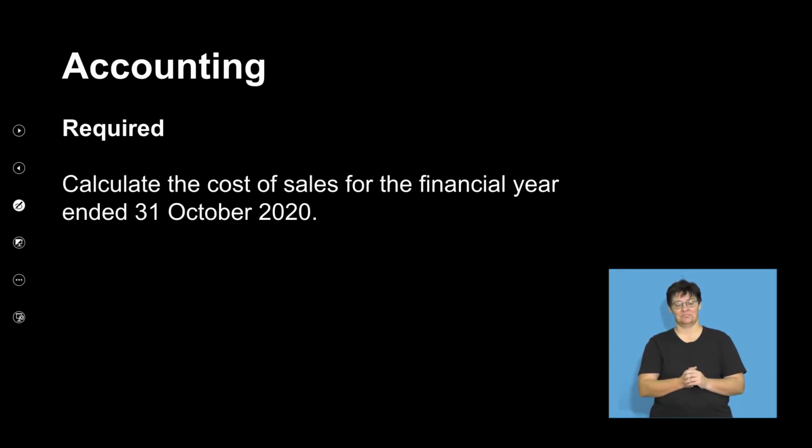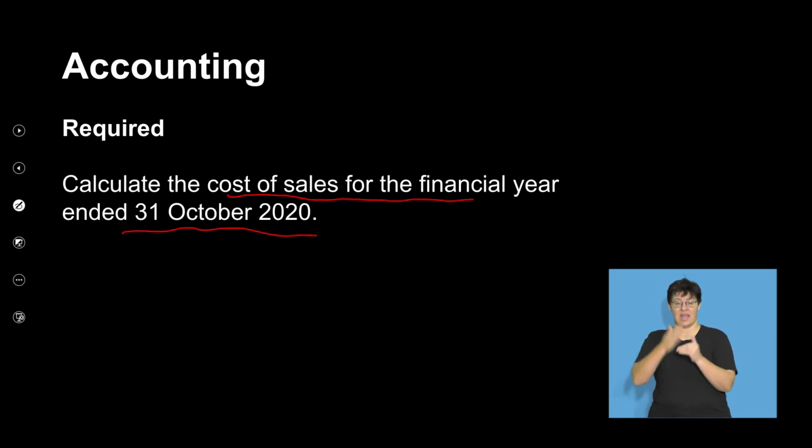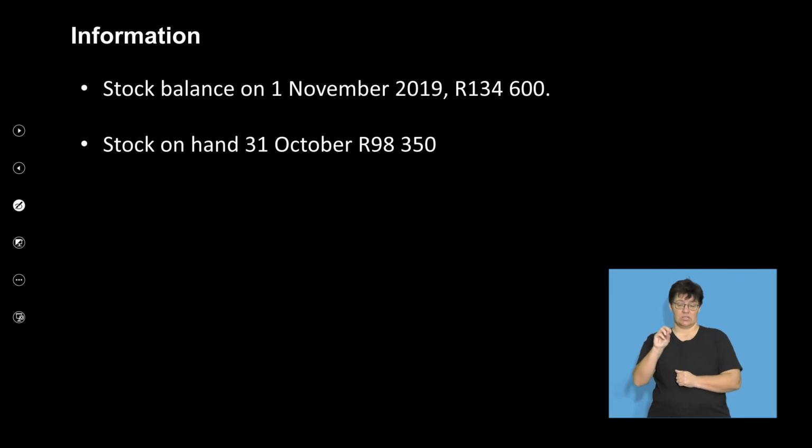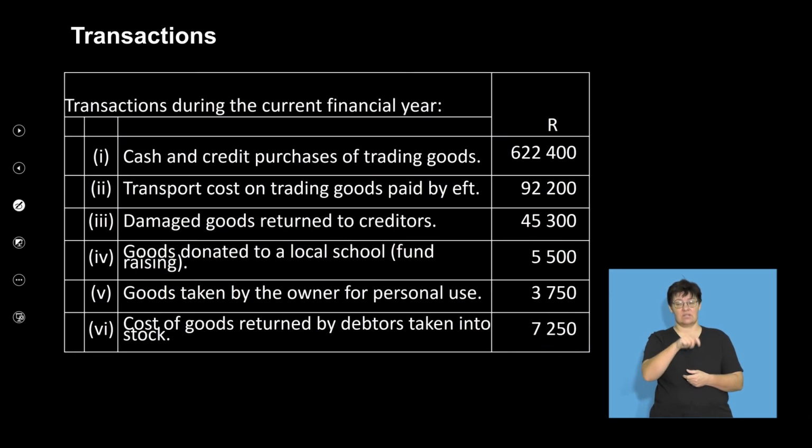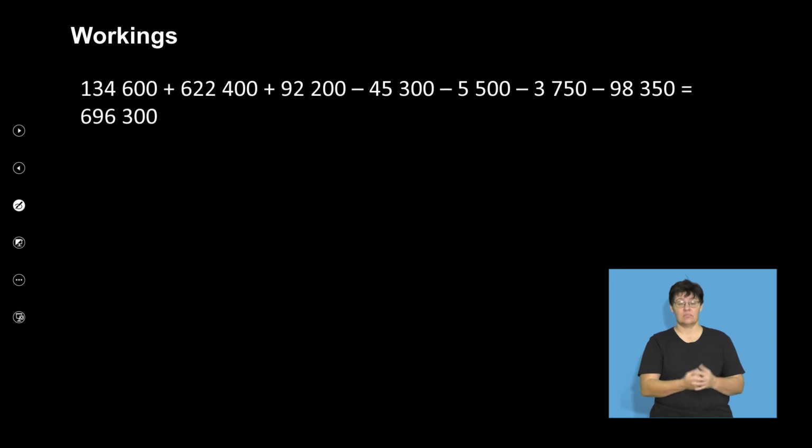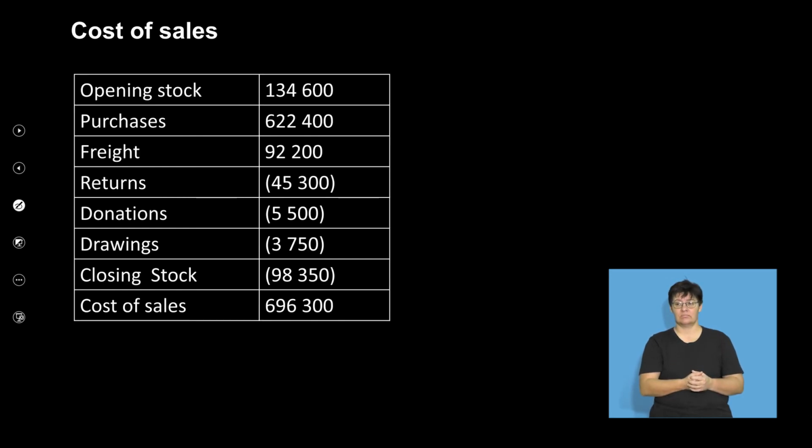Now the question says, calculate the cost of sales for the financial year ended 31st of October. And here we start off by saying, my stock on hand was 98,350. So the first thing that I do is, in my calculation, watch. I start off with my opening stock of 134,600.